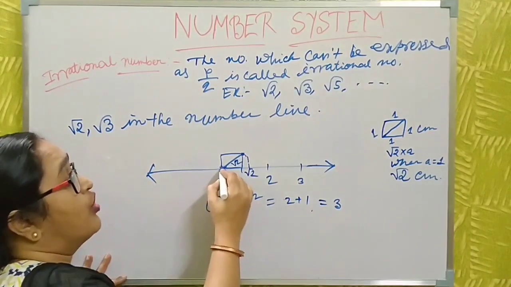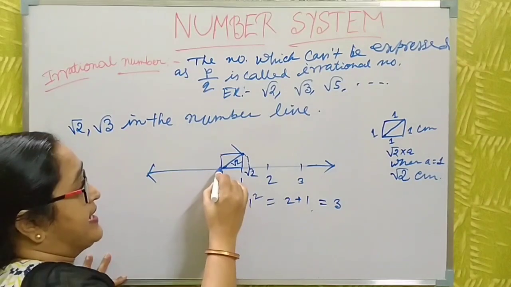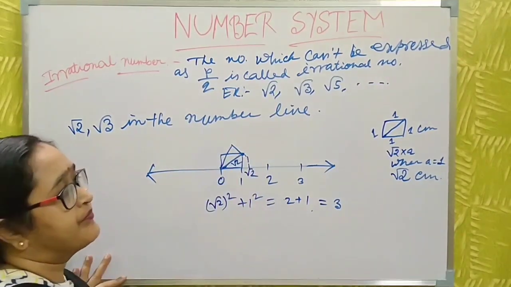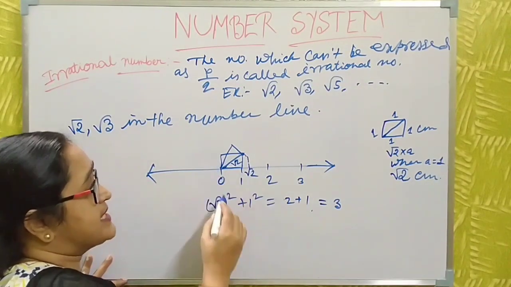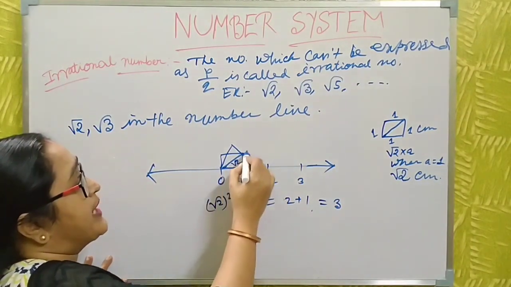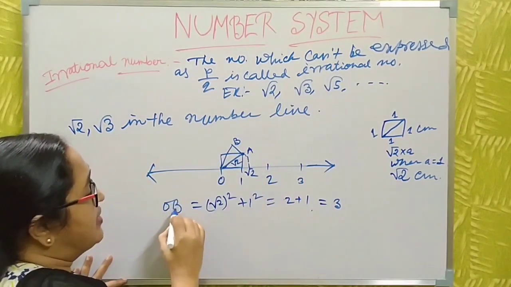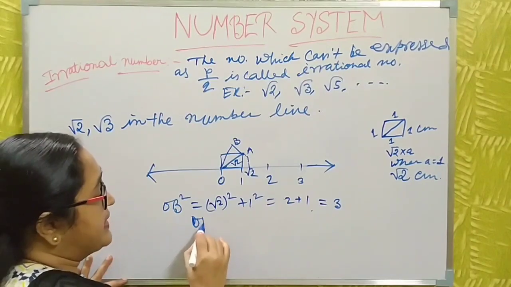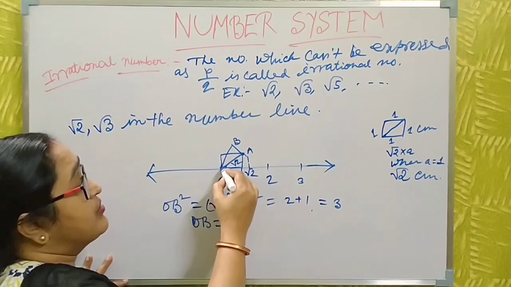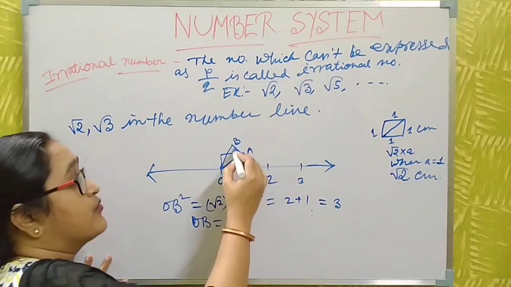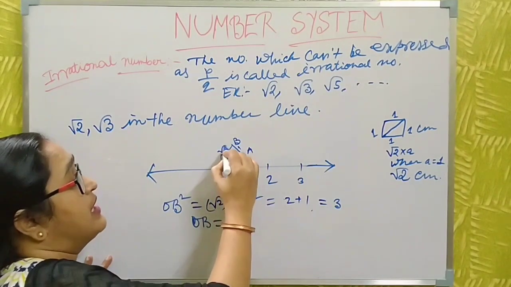If I draw a right angle triangle here, then the hypotenuse, by the Pythagoras theorem, which I name OB, gives OB squared is 3. Then OB is root 3. Now root 2 is the base and 1 centimeter is the height, then the hypotenuse is root 3.